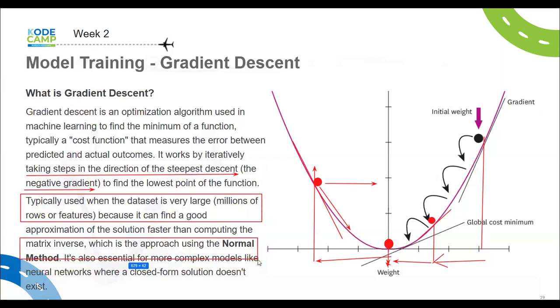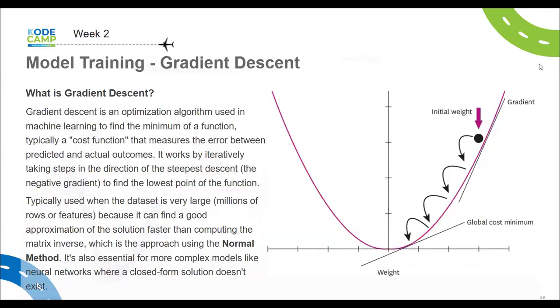The normal method is what we just did before, where we used a simple mathematical equation. It's almost impossible to use the normal method to calculate optimal parameters when the number of parameters is large, like when you have millions of parameters. So that is gradient descent.